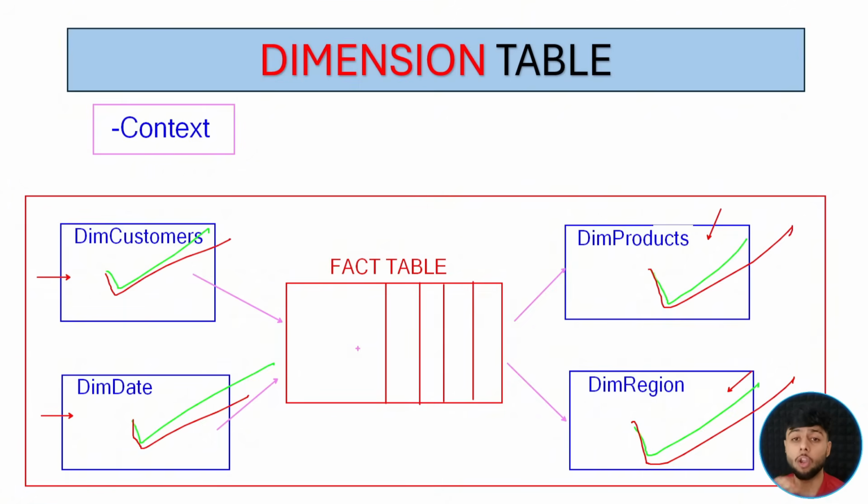I will tell you a lot of things, like how to decide the primary key, how to create dimension keys, and what will be the primary key of our fact table, everything. So I know you are really excited. Let's actually build this solution, and let's build our first data model, which is the dimensional data model.